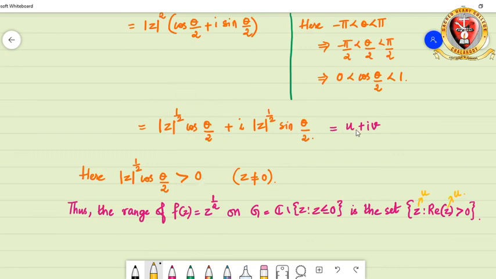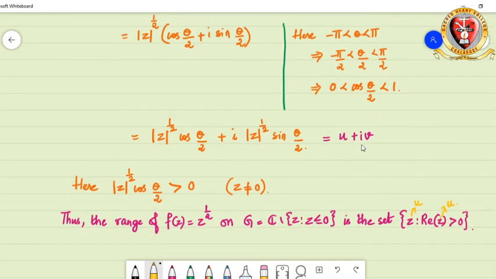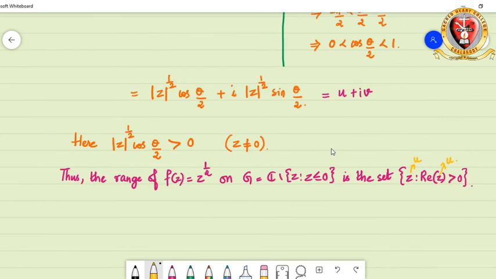So think of it to be u plus iv. This f of z you obtain is equal to u plus iv. So u is this and u is strictly greater than 0. Now we are thinking about the range of this f of z, which is equal to z to the power 1 by 2 on the domain, the slitted complex plane.